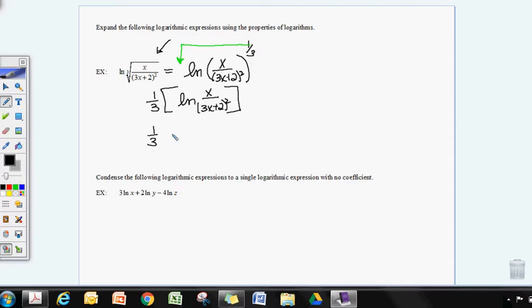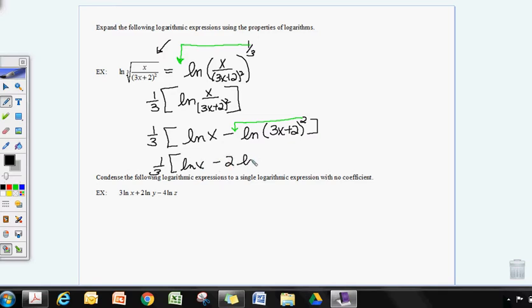Looking at your sheet before, that means I can have the natural log. The top is always the positive, the bottom becomes the negative, and I get natural log of 3x plus 2 quantity squared. And then that squared is going to come out in front of that, and I get 1/3 of the natural log of x, subtract 2 natural log of 3x plus 2, and close it up.